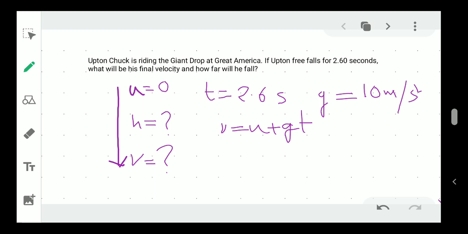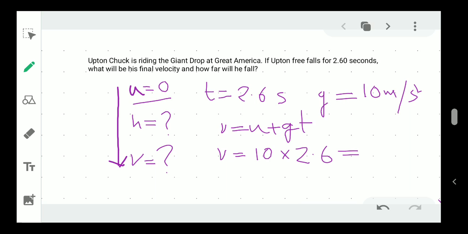Because it's falling down and gravity works downward, so the speed will increase slowly. So the first equation is v equal to u plus gt, where u is 0, so this term is gone, and g is 10 or 9.8, whatever you say, into t, which is 2.6.